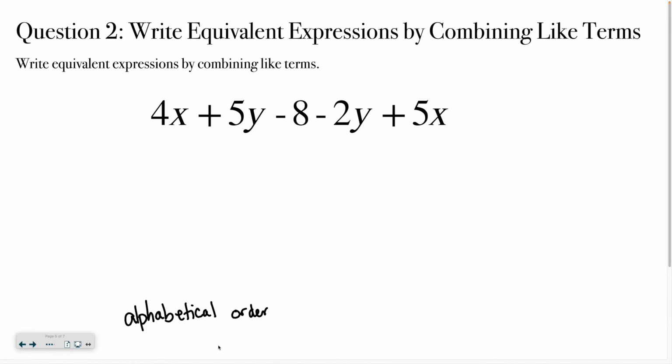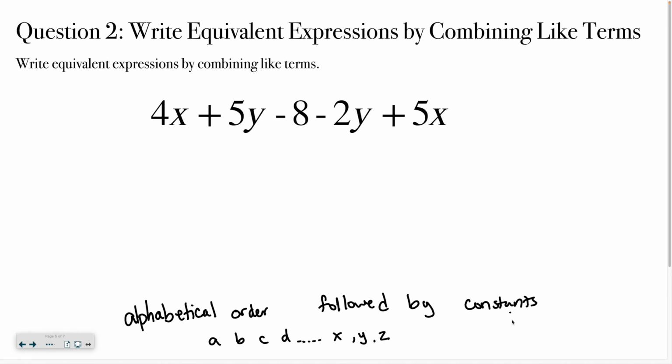Alphabetical order. So meaning like A, then B, C, D, E, F, G. When we get to the end of the alphabet, it goes X, then Y, then Z. Okay, so you always write it in alphabetical order, and then you do the regular number, followed by what are called constants.